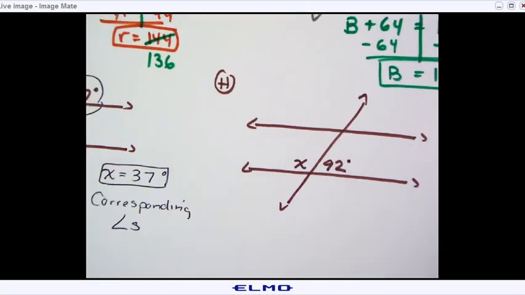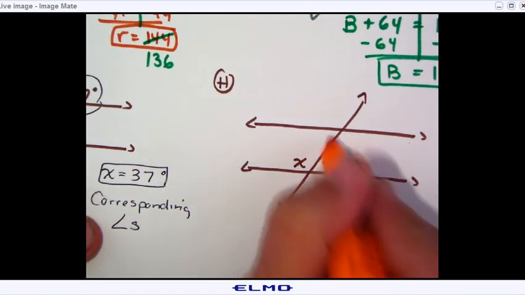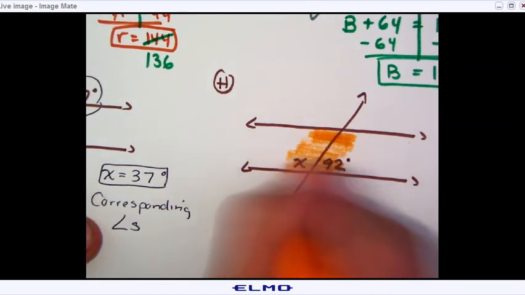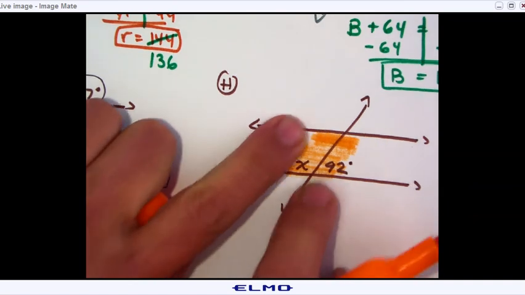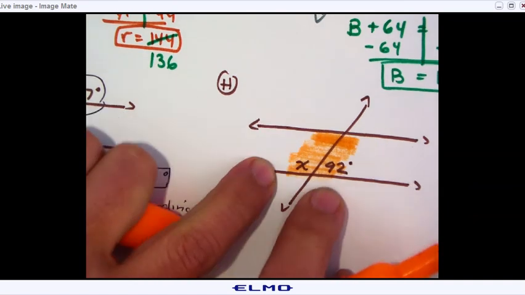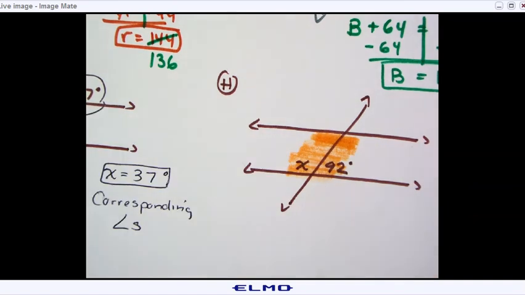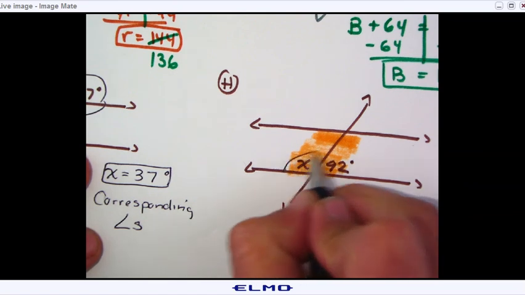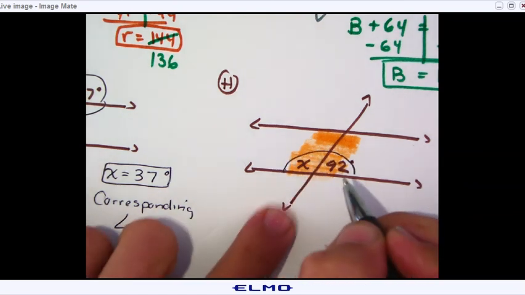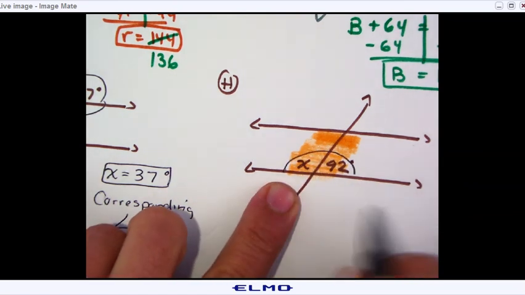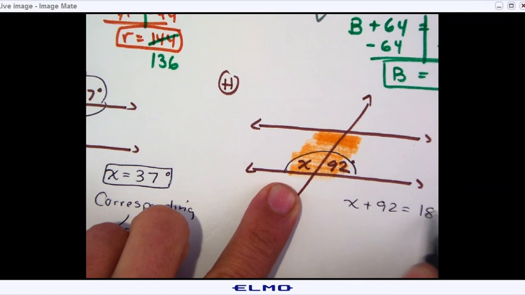And then H. I'm going to do the same thing. I'm going to check for the alternate interior angle. Nope, they're not alternate interior. They're both on the bottom. So now what am I going to do? Just like you did before the holidays, X plus 92 equals 180.